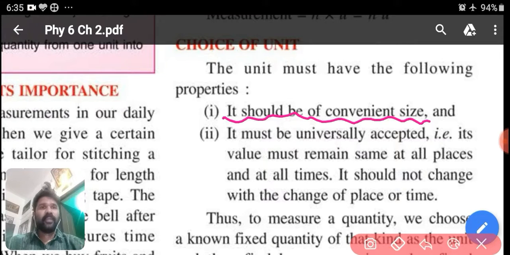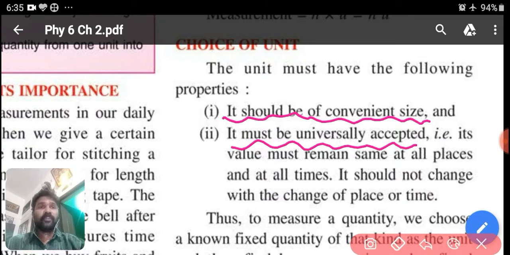And the second one, it must be universally accepted. That means its value must remain the same at all places and all times. Okay, students, the value of the measurement should remain the same at all places and at all times.